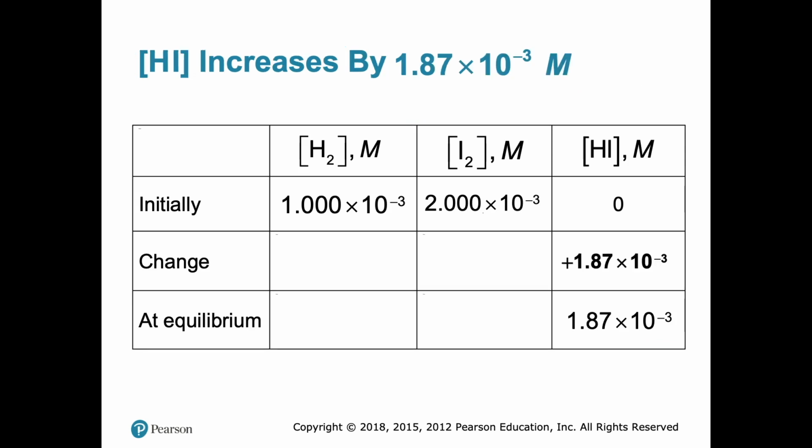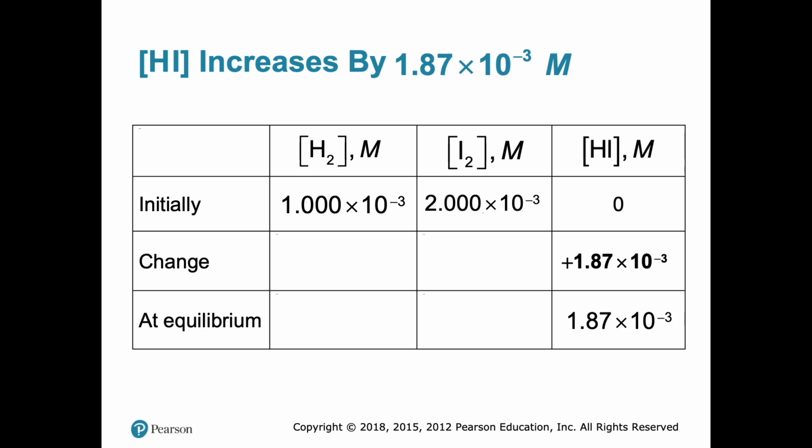The next thing you can do is start filling in the rest. So what's the change here then? What do we put in change? Well, we know that we began with 0 molar hydrogen iodide gas, and at equilibrium it was 1.87 times 10 to the negative 3 of hydrogen iodide gas.